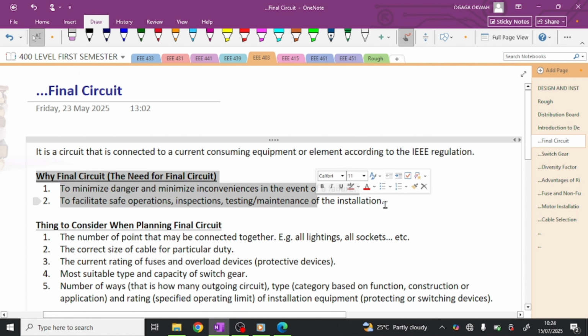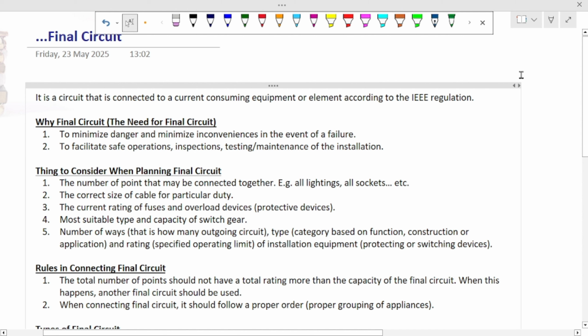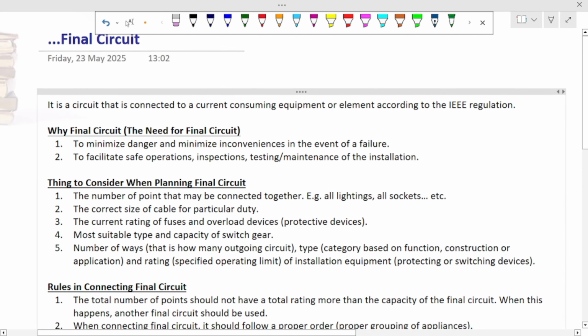So why do we need final circuits? What's the essence? Since we've seen what a final circuit is, why do we need it? Think of the definition and think of that picture I just displayed.